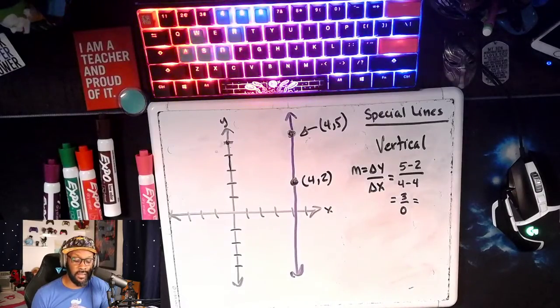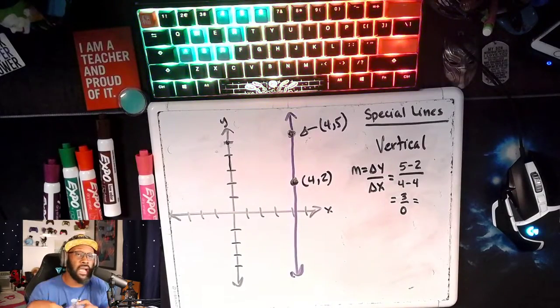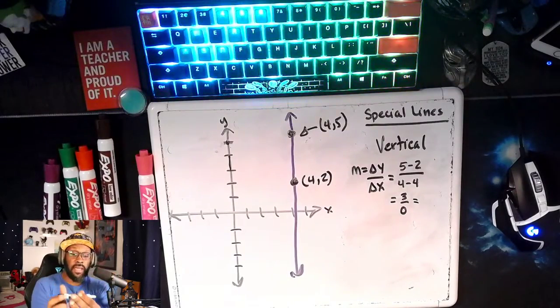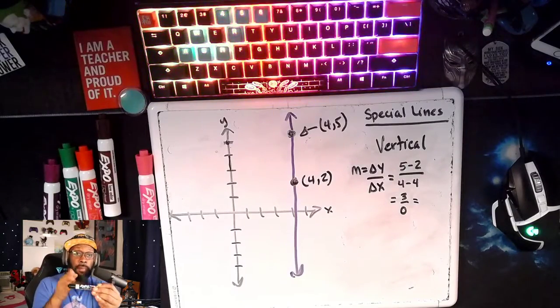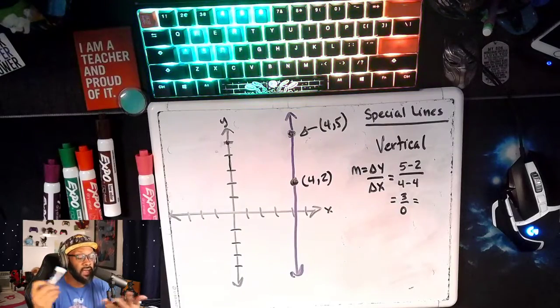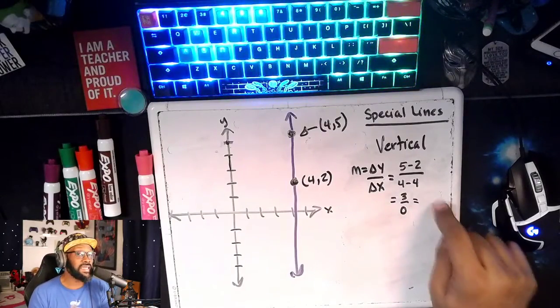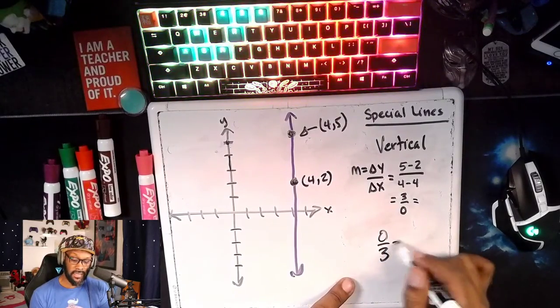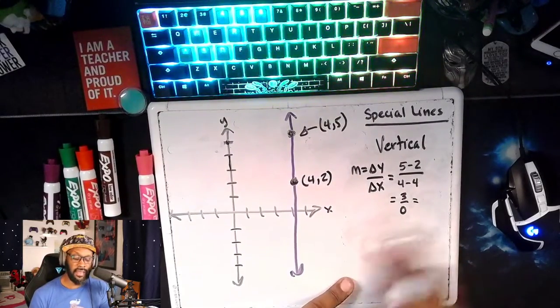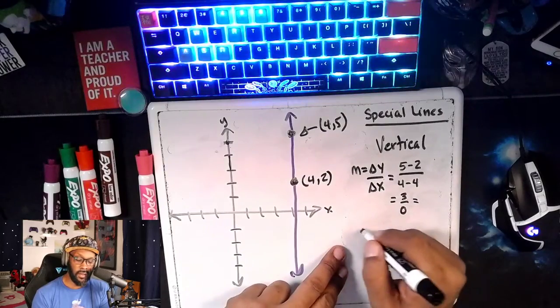Careful here, friends. 3 divided by 0 is not 0. I can't take something, like this marker, and divide it or chop it into nothing. So this is not 0. Since we can't do it, we call it undefined.